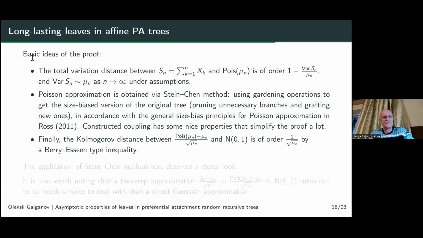Okay, thank you very much. Maybe I will add a bit about the question of Andrei Anatolievich. You mentioned the celebrated construction by David Aldous, which leads to Brownian excursion. But honestly speaking, I am not sure that it can be applied in our case, because it is not quite clear how to take into account all these varying probabilities.